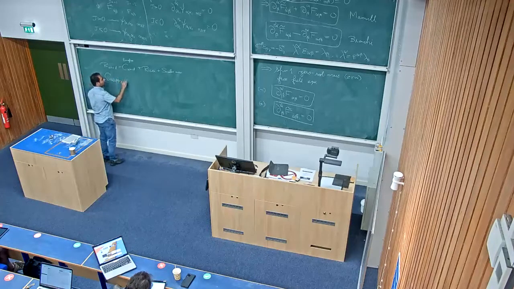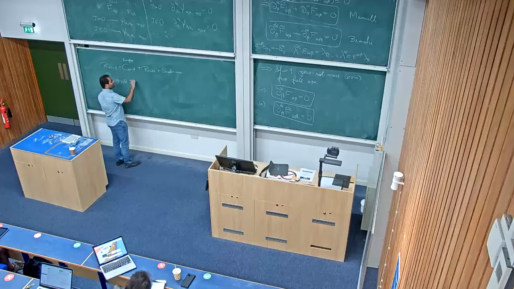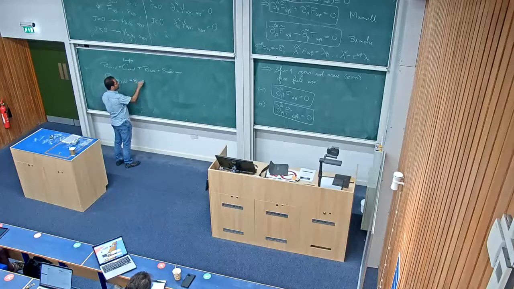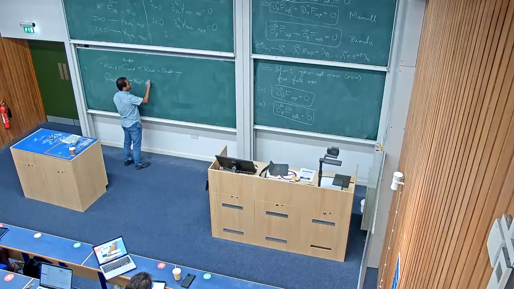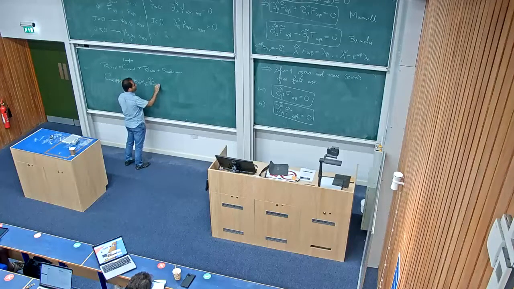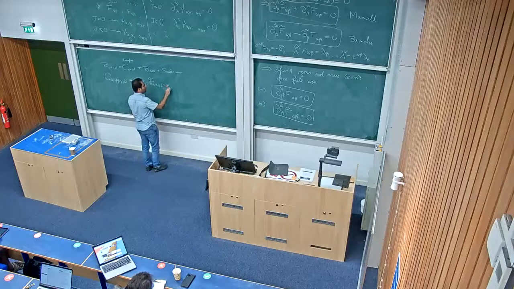If you open the book by Robert Wald, you will find this decomposition: epsilon alpha beta, gamma delta, psi alpha-dot beta-dot gamma-dot delta-dot, plus the other way around.